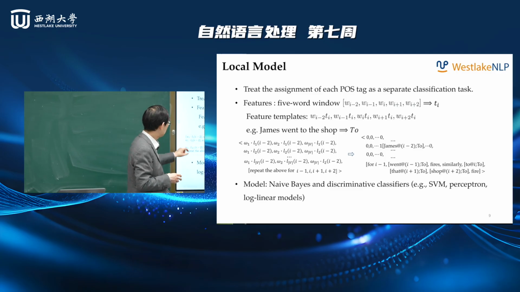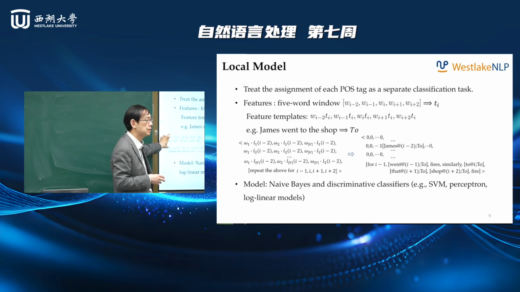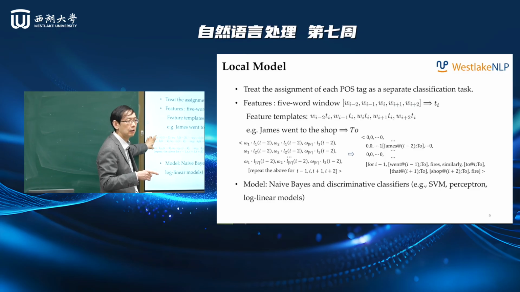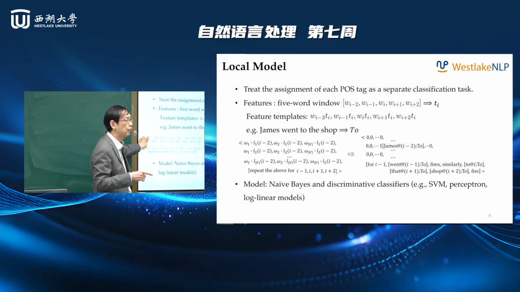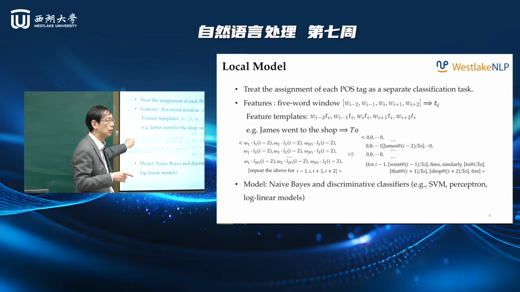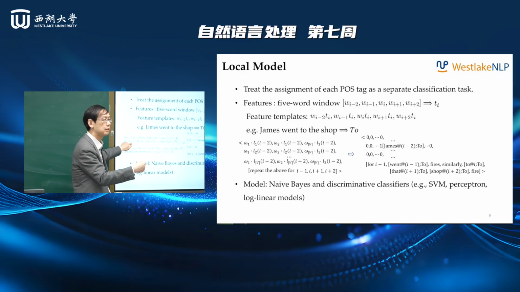So, you see the small fonts in here. The first chunk is very familiar. Let's just take w_{i-2}, for example. We enumerate all vocabulary words in one row, and in the first row, we compose every vocabulary word with the first part of speech label. Maybe that's a determiner, maybe that's a noun. And in the second row, we combine every vocabulary word with another part of speech label.